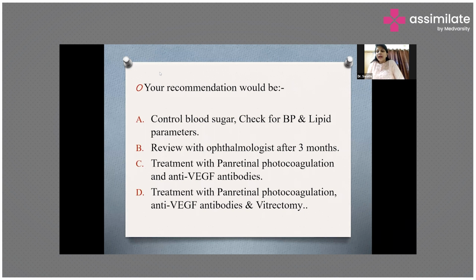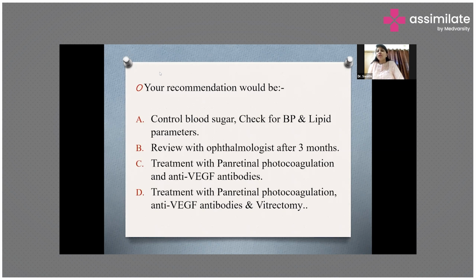Then the main line of management is PRP, pan-retinal photocoagulation, along with anti-VEGF antibodies, that is, anti-vascular endothelial growth factor antibodies. So this is the line of management if the patient comes to you with proliferative diabetic retinopathy.